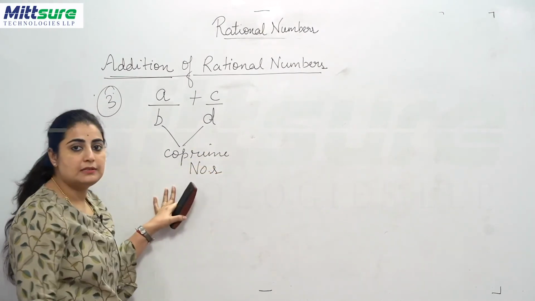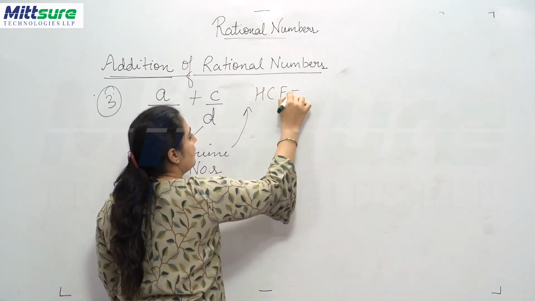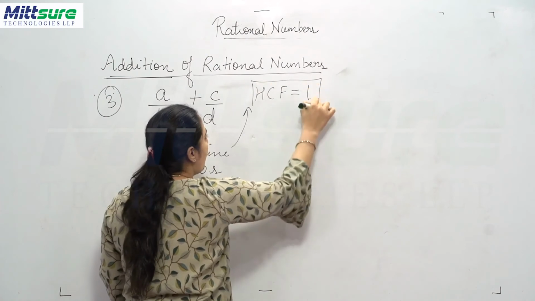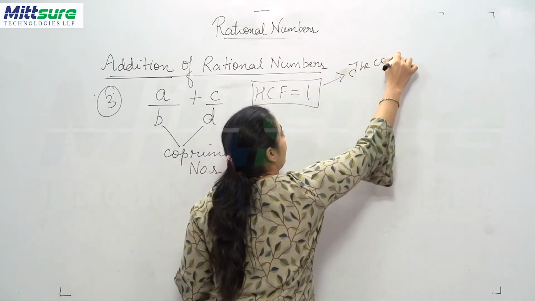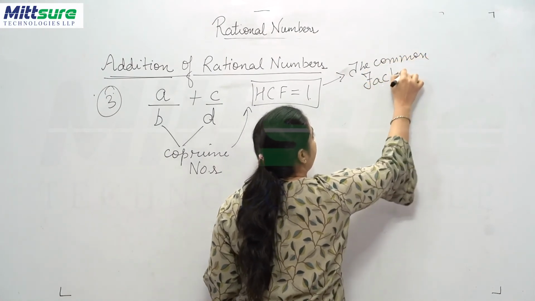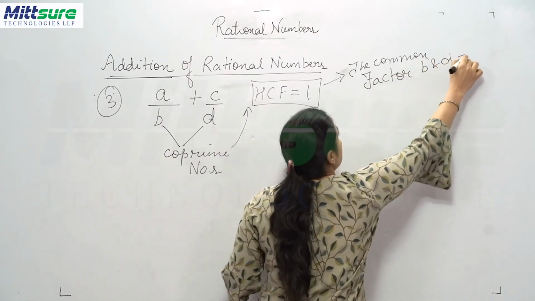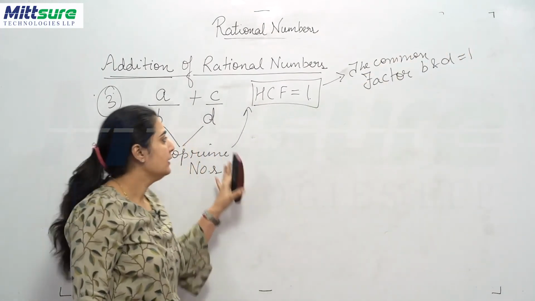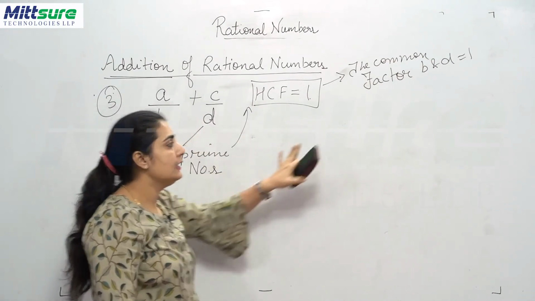Now co-prime numbers means numbers whose HCF is equal to 1. This means what? The common factor of b and d is equal to 1. Okay, the common factor of these two numbers b and d is 1.